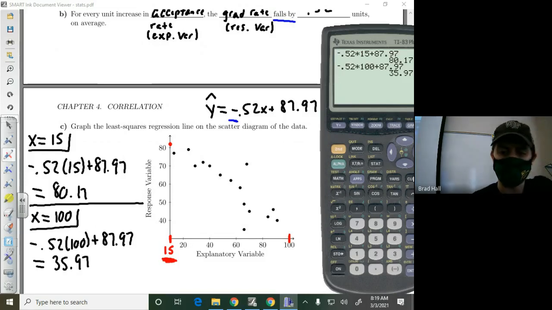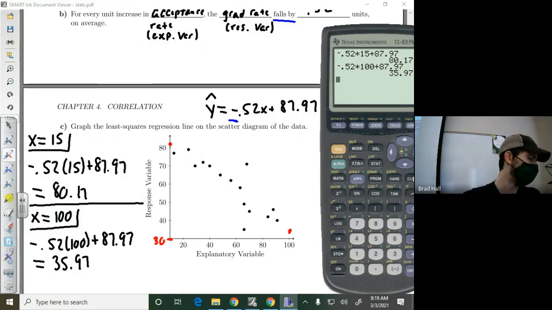So whenever I plugged in 100, I got about 35.97, which I'm guessing is about 30. So I would say about right here. Again, doesn't have to be perfect. It's giving us another predicted value for which we can try to actually scale a line.